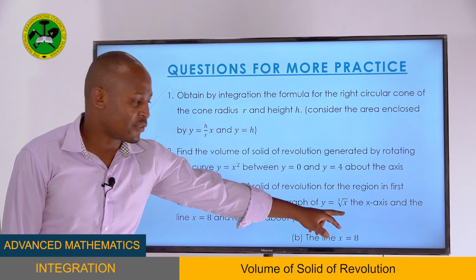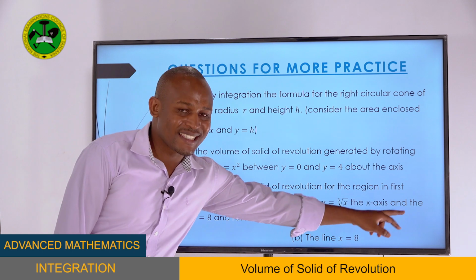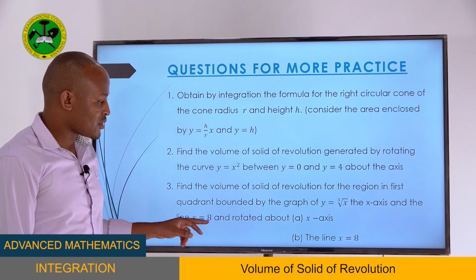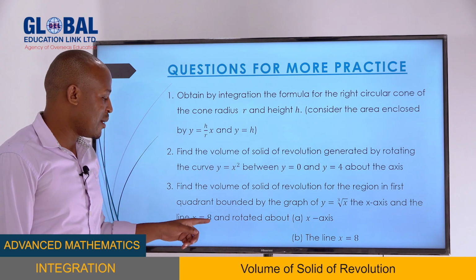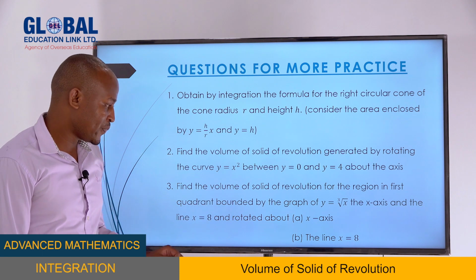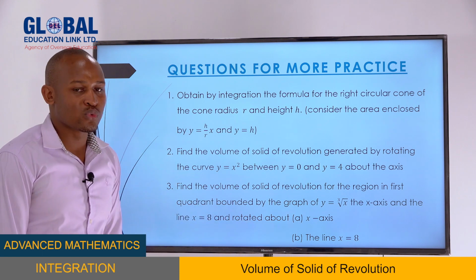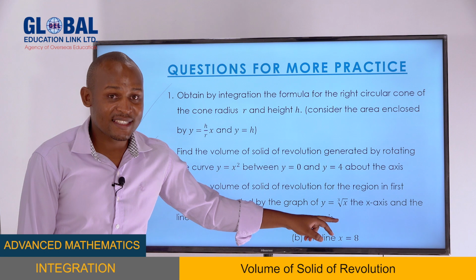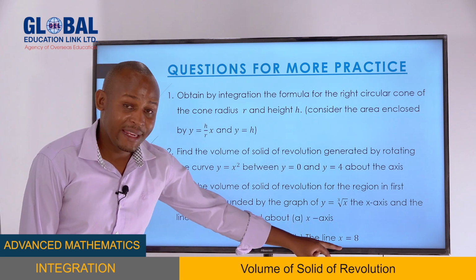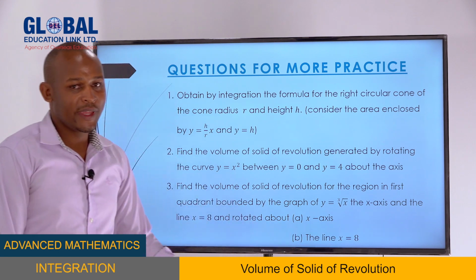Y is equal to cube root of x, the x-axis, and the line x is equal to 8. So please remember those, and those are the very basic hints for you to do. And this is rotated about what? First, it's rotated about the x-axis, and the second time it is rotated around the line x is equal to 8.